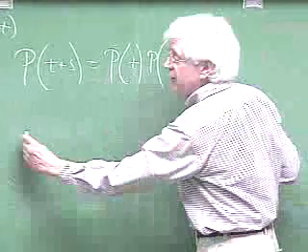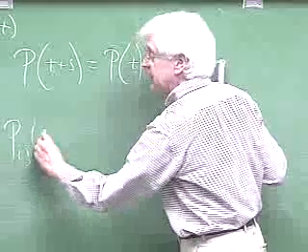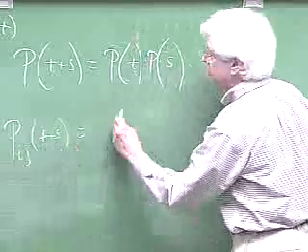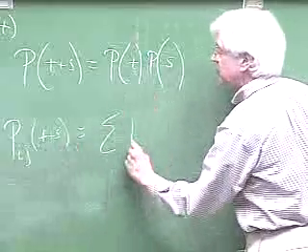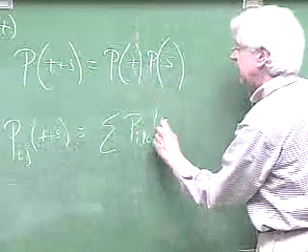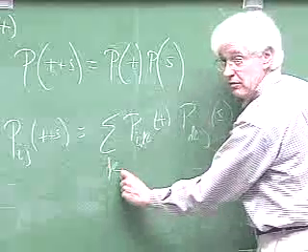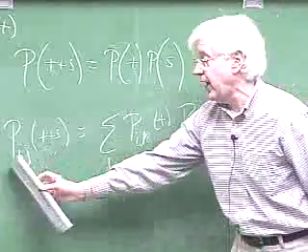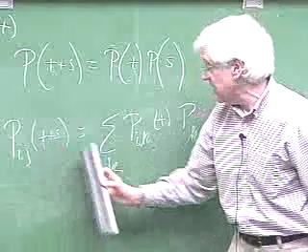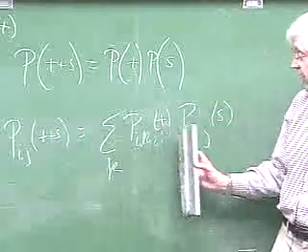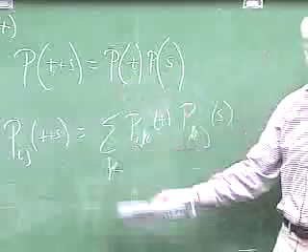So you're saying p_ij(t+s) is equal to, if you just write this out, the sum over k of p_ik(t) p_kj(s). So you say, I'm going to go from i to j in time t plus s. I'll go from i to k in time t, and then from k to j in time s, and I sum over all possible k.